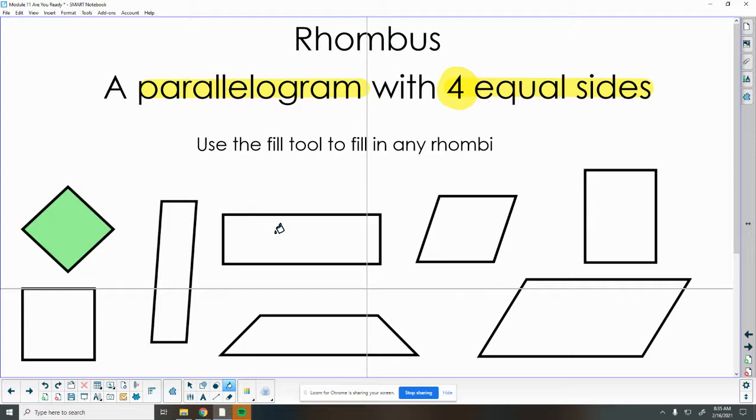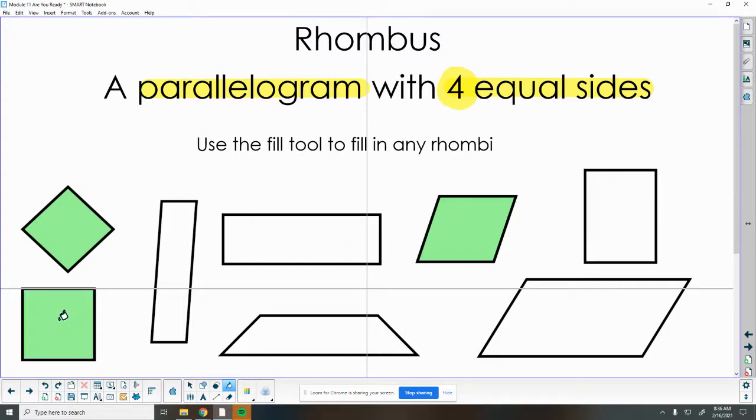This one is not a rhombus because the four sides are not equal to each other. So here we have a rhombus, parallel sides on the opposites, and all 1, 2, 3, 4 sides are the exact same length. So this is a rhombus here. This is not a rhombus because all four sides are not equal.